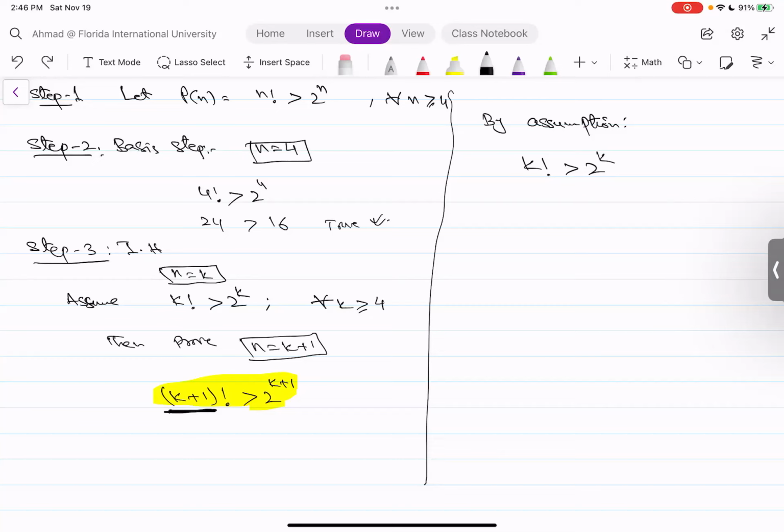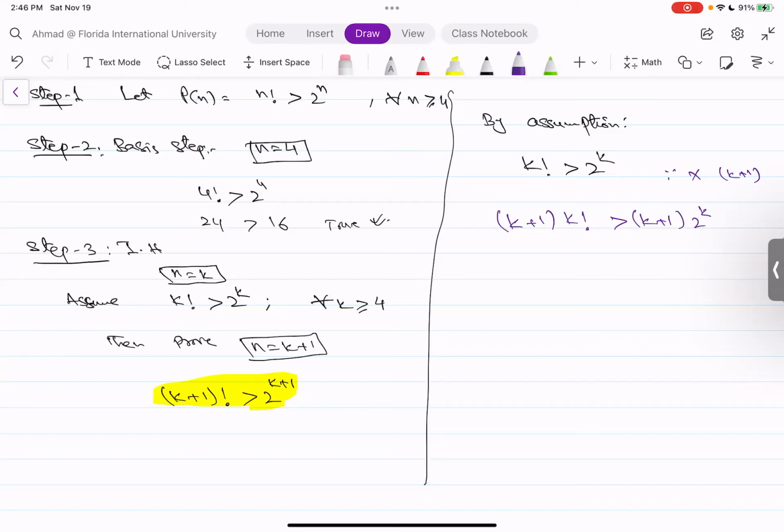Let me multiply both sides with k plus 1. So if I multiply both sides with k plus 1, it is going to be k plus 1 times k factorial is greater than k plus 1 times 2 power k.